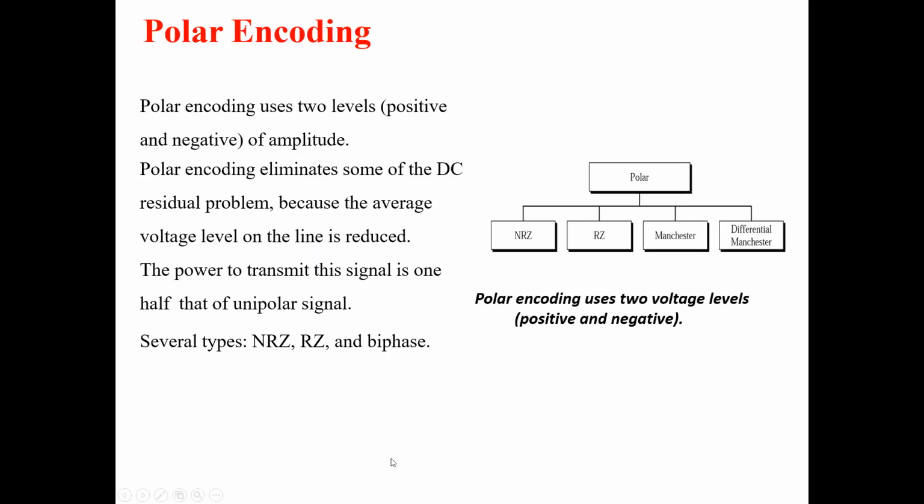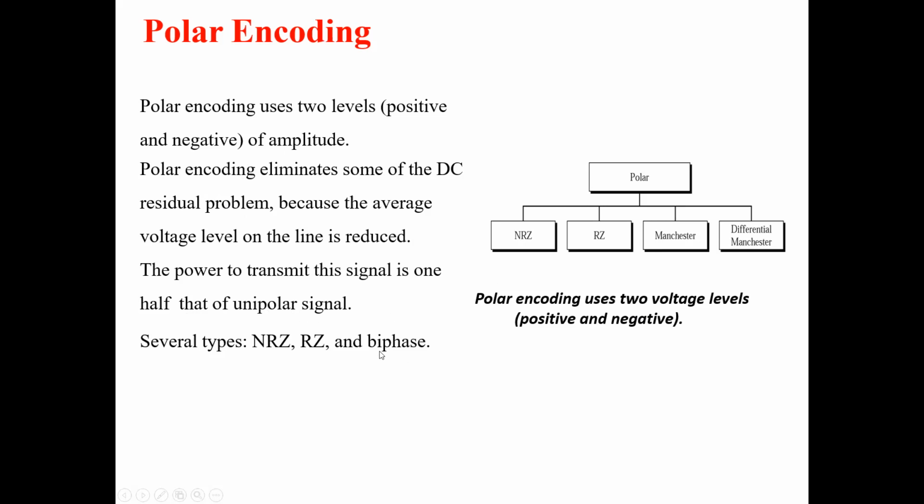Now next, what is the polar scheme, polar encoding? Positive and negative amplitudes: two voltage levels, positive and negative. It eliminates some of the DC residual problem because the average voltage level on the line is reduced. The power to transmit the signals is one half of that of a unipolar signal.